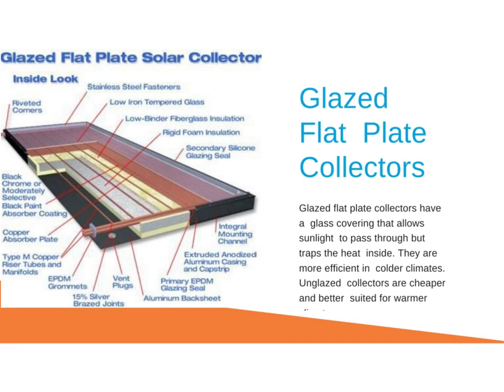Then we have the vent plugs, aluminum backsheet. There are many more: low iron tempered glass, low binder fiberglass insulation, secondary silicone glazing seal, integral mounting channel, and primary EPDM glazing seal.